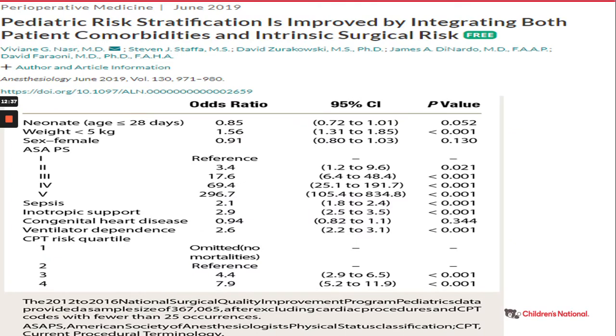Final thing I'll say about preoperative workup is that in addition to looking at all these patient factors that we discussed, we also need to include the surgical risk. And Dr. Nasser from Boston Children's did a nice review where they looked at tons of data, and they incorporated not only patient factors but also surgical risks, and they use the CPT risk quartiles to estimate surgical risk.